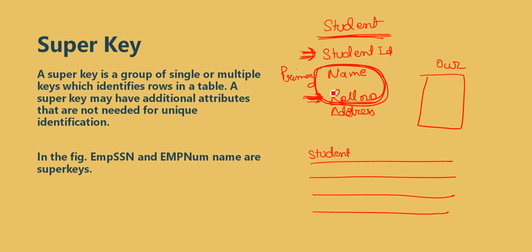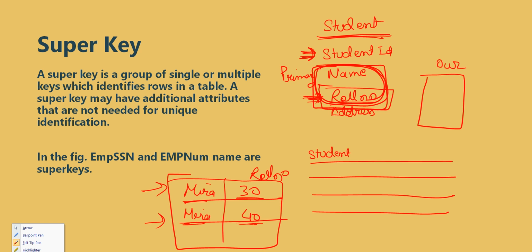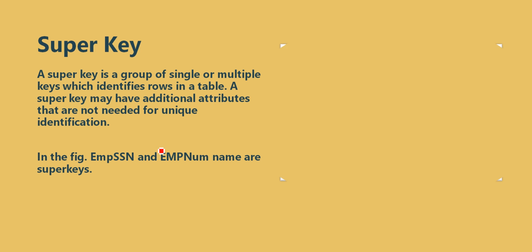We don't need to select only a single column. We can select a combination of two or more columns to uniquely identify a single row. Let's say Meera has roll number 30 and the second Meera has roll number 40, right? Based on this I can identify that this Meera with roll number 30 is different from this Meera with roll number 40. So these two columns together can uniquely identify, right? It totally depends on us which columns we select.